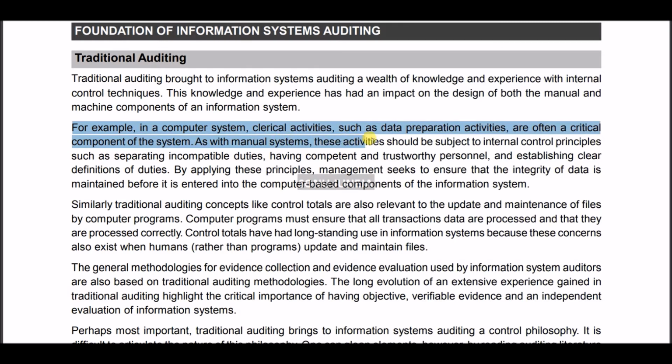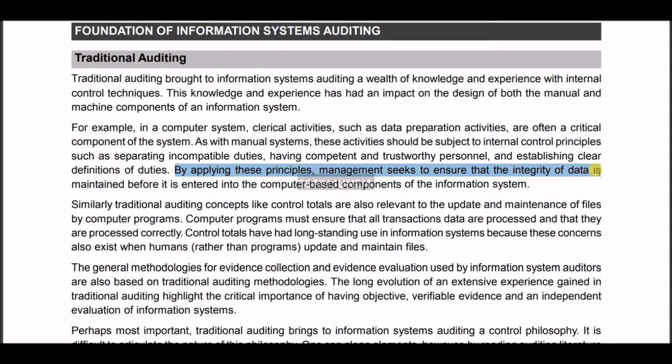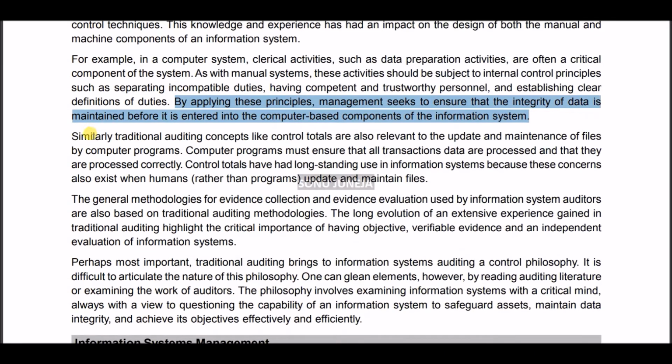As with the manual system, these activities should be subject to internal control principles such as separating incompatible duties, having competent and trustworthy personnel, and establishing clear definition of duties. By applying these principles, management seeks to ensure that the integrity of data is maintained before it's entered into computer-based components of the information system.